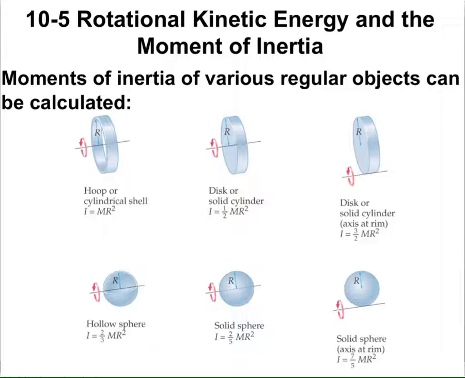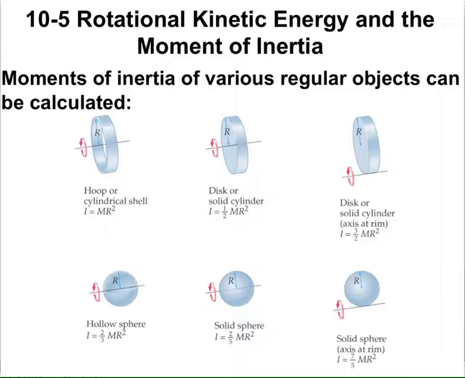If there are any questions about rotating extended objects, I will give the moment of inertia of certain geometrical shapes at the end or at the beginning of the exam paper. So don't worry about memorizing these moments of inertia, but you have to know that the moment of inertia is different for different geometrical shapes.